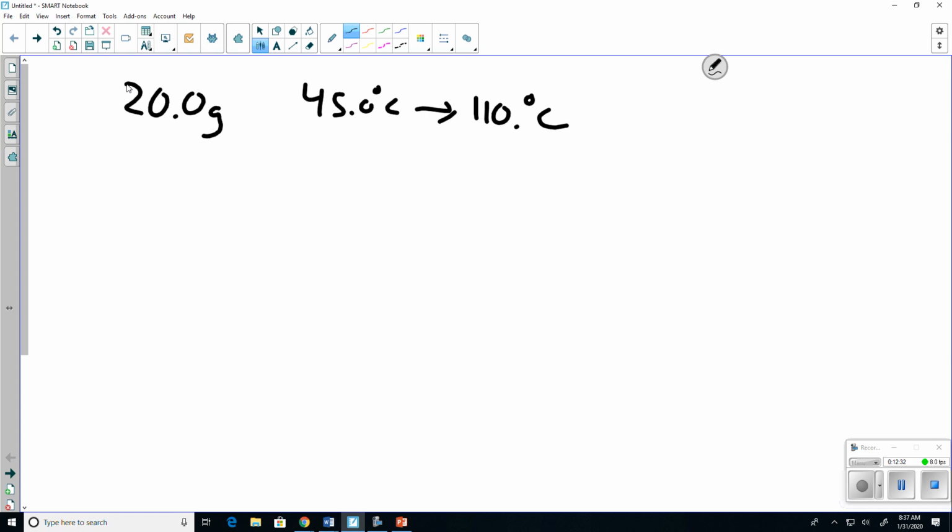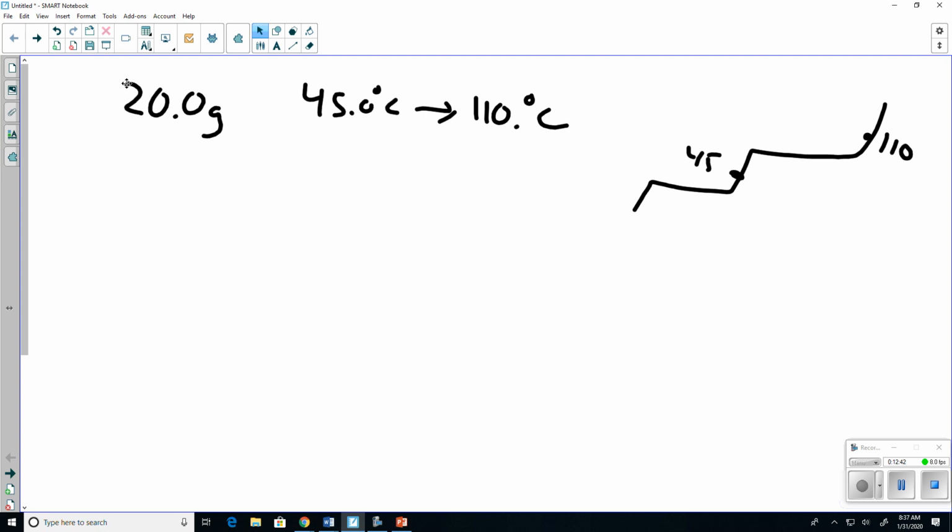In Chem 1, by the way, we often told you to mark down your temperatures. The reason why we told Chem 1 students that is it tells you that it's a multi-step problem. Step number 1 would be I would have to heat my water from the initial 45 degrees Celsius up to the last temperature water exists as a liquid, 100.